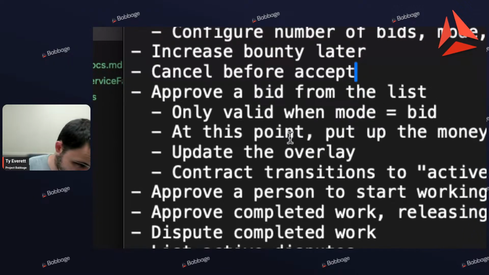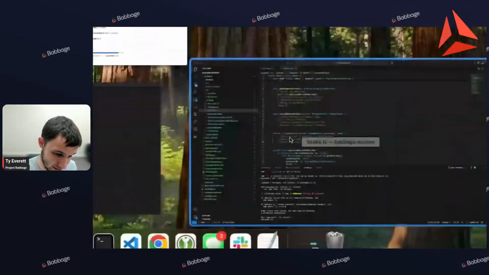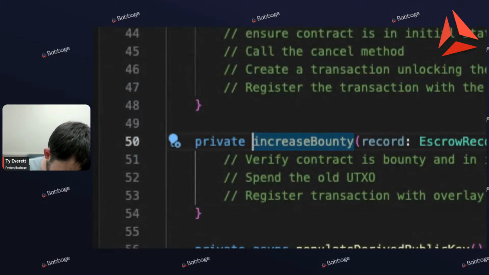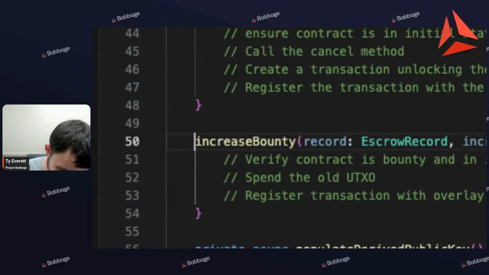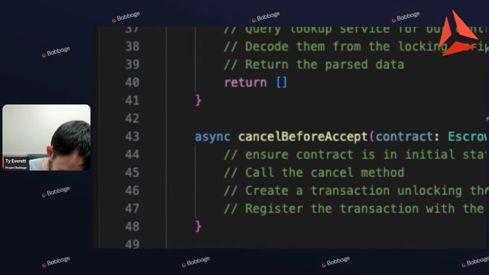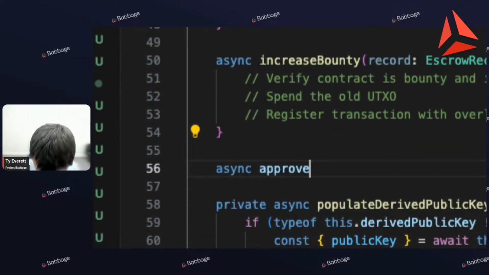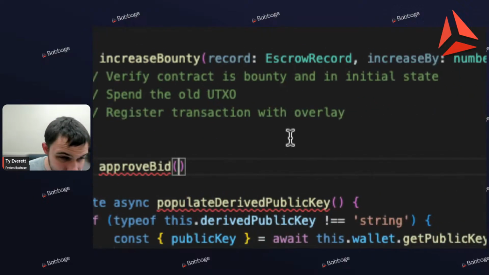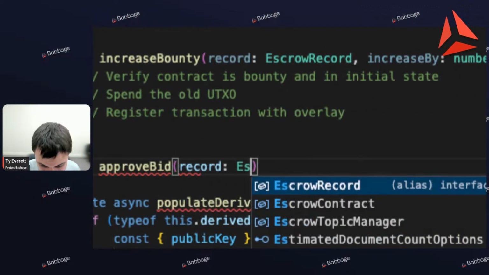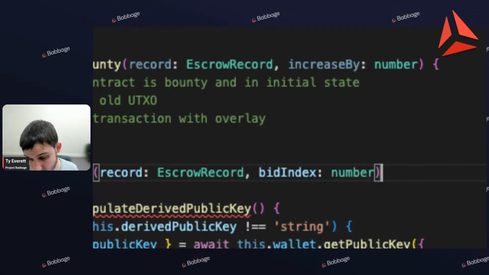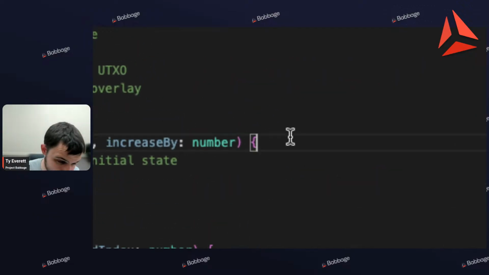Okay, so if I want to approve a bid from the list, why is this private? It's async. It's not private. It's different. Okay. And this would tell me what?